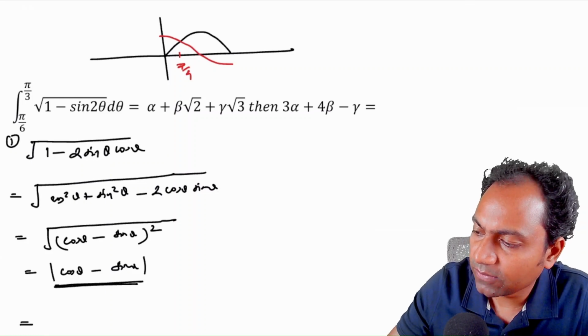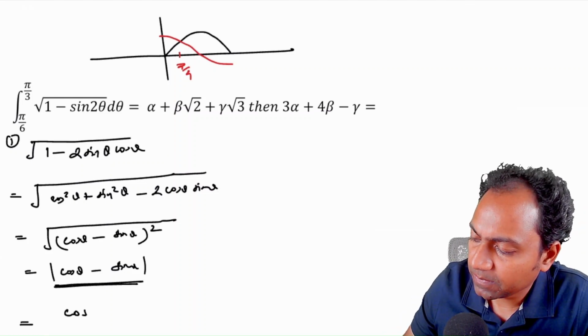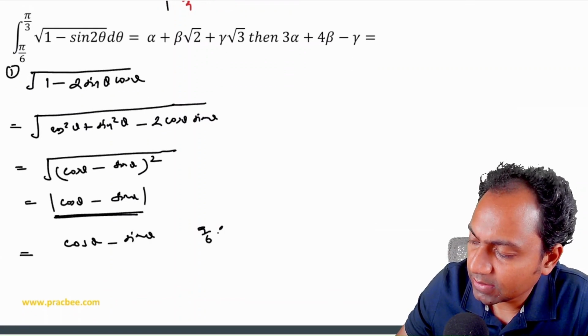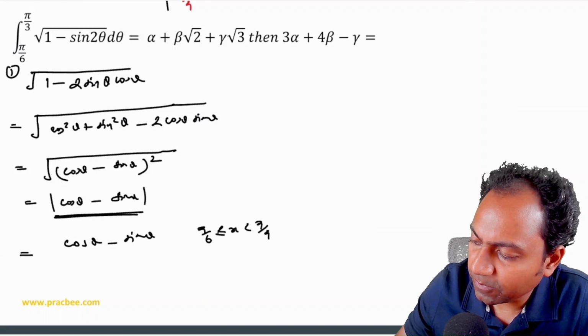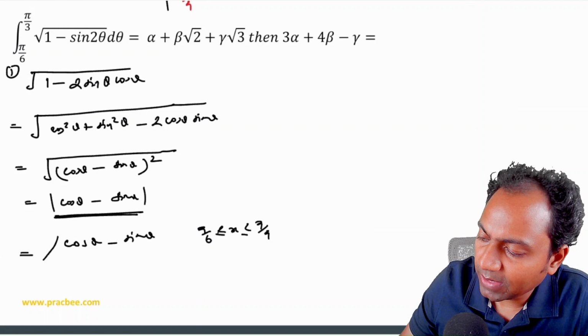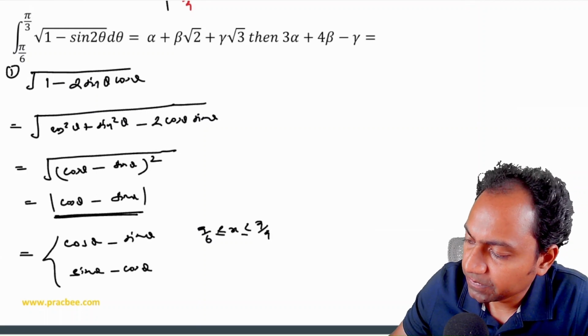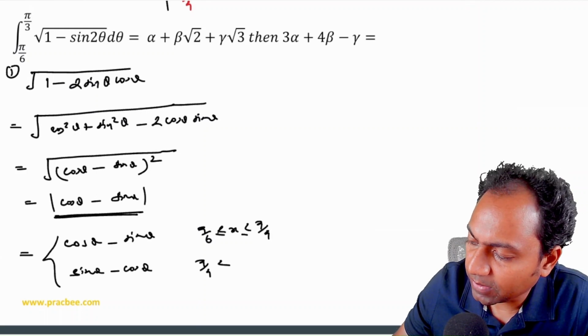So this will open with a plus sign if I am looking at values till pi by 4. So from pi by 6, if x lies till pi by 4, this will open with a positive sign. But if I am looking at values greater than pi by 4, sine theta minus cos theta will happen. So this lies between pi by 4 to pi by 3.